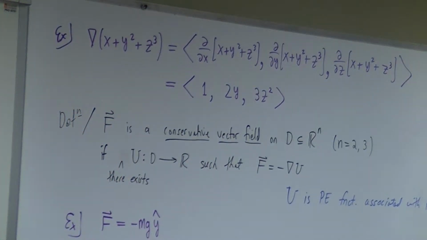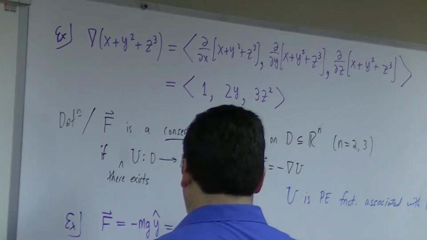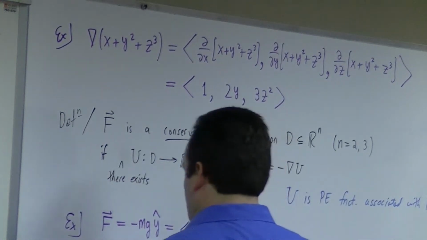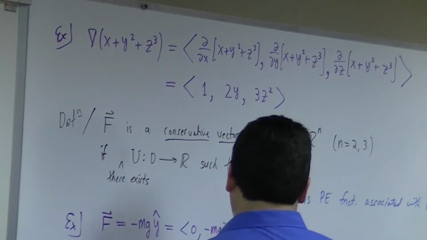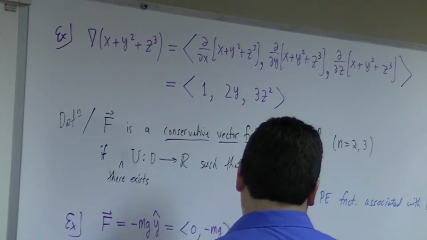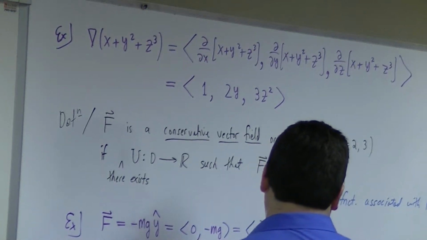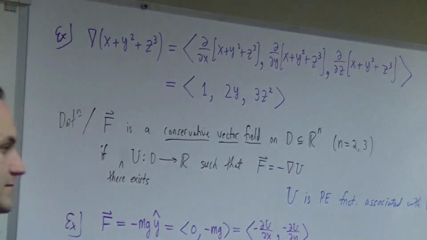Variations on the theme. So that's equal to 0, comma, minus mg, two-dimensionally, right? So the question is, if this is conservative, you've got to find a U such that minus partial U partial x, minus partial U partial y gives you back that.